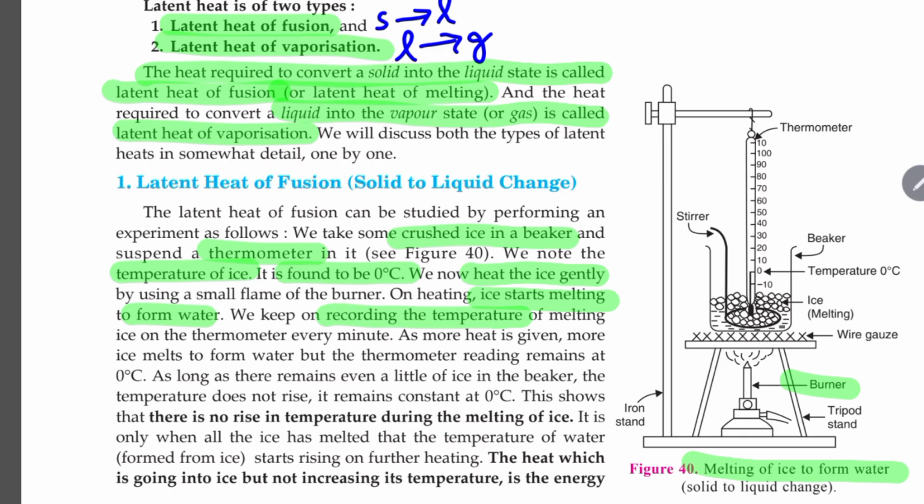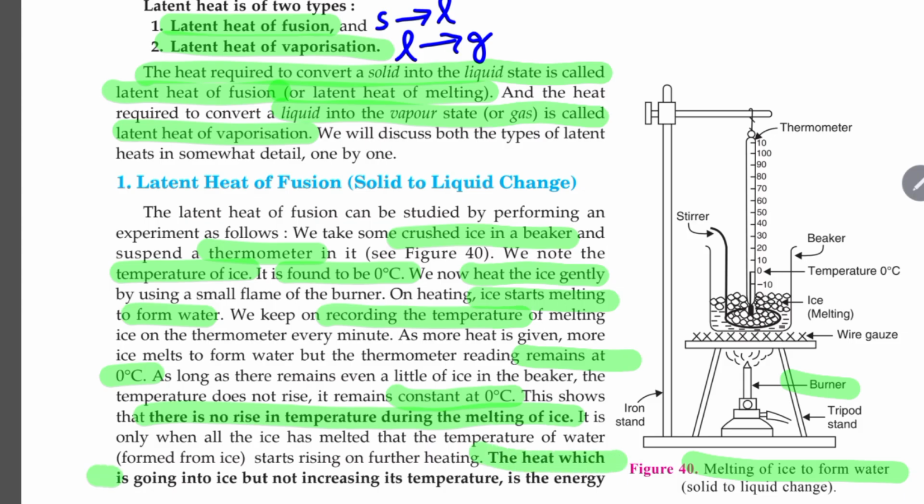But the reading of the temperature remains at 0 degrees Celsius, as long as the entire ice changes to water. So during this process of melting, the temperature remains constant at 0 degrees Celsius. It does not rise. So it shows that there is no rise in temperature during the melting of ice till all the ice has changed to the water, liquid state.